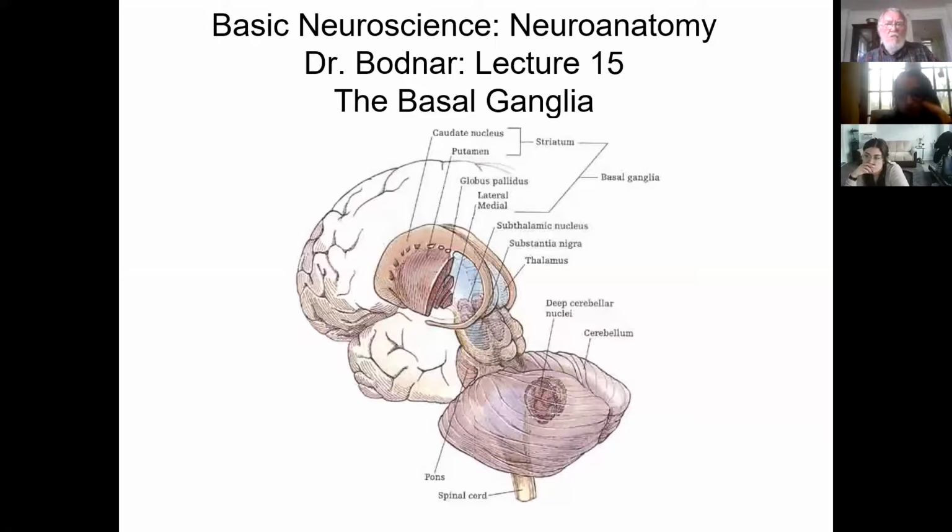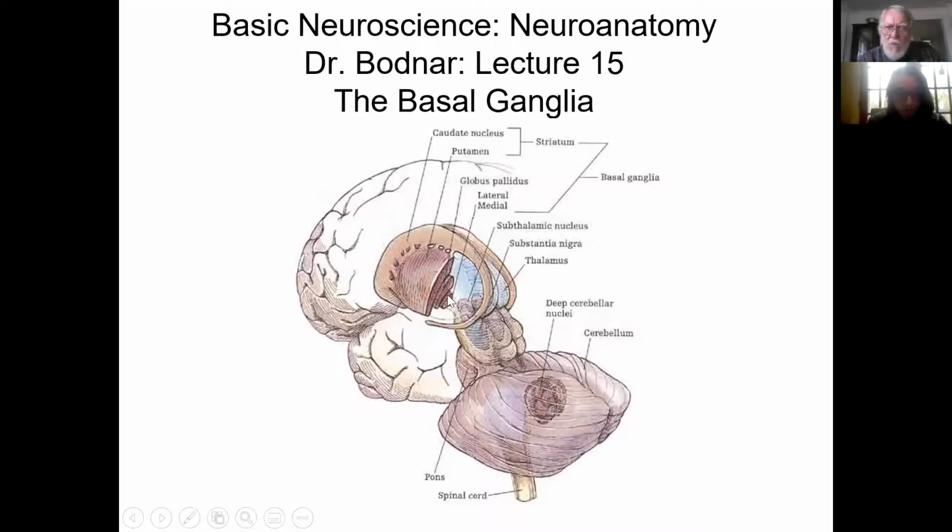Okay, so we are now going to be talking about the basal ganglia or the dorsal striatum. When we're doing this, we're paying attention to three major nucleus groups. One, which is called the caudate nucleus. The second, which is called the putamen. And then the third, which is called the globus pallidus.